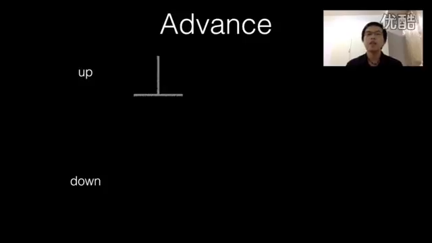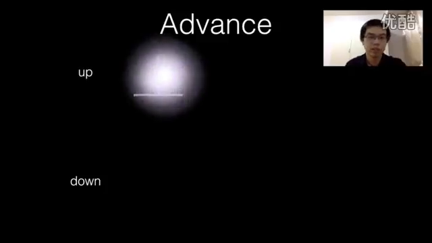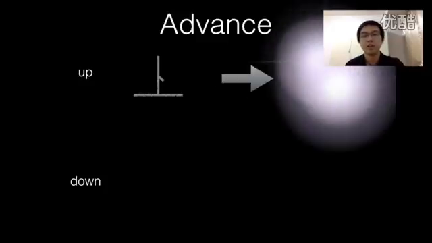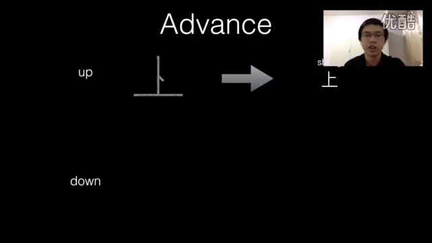And you got two lines, the vertical and the horizontal. So which line is important? Definitely the vertical line. So you just put a dot there, which means the vertical line is very important. And you just change the shape a little bit, and it becomes a new Chinese character. This means up.